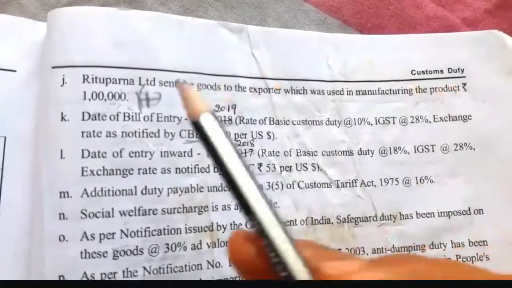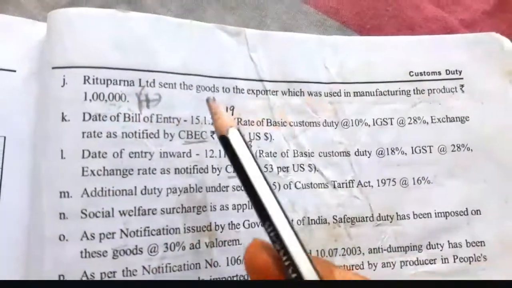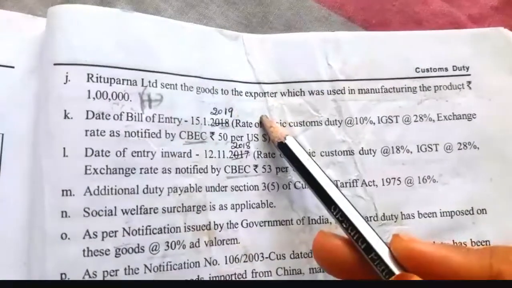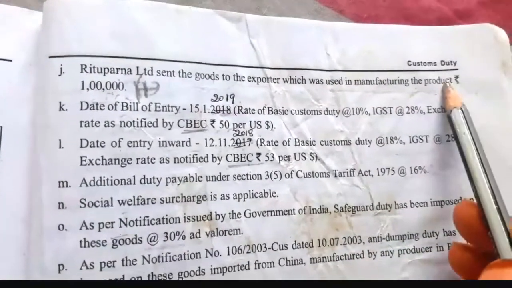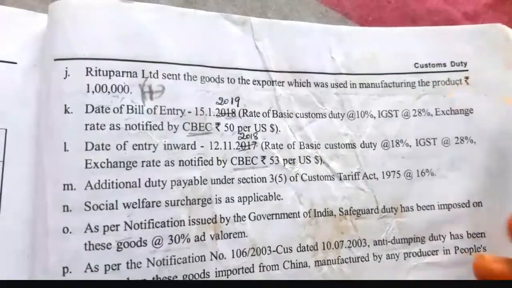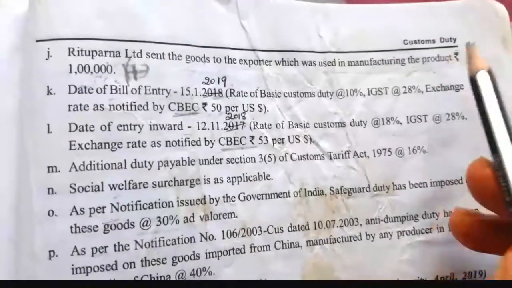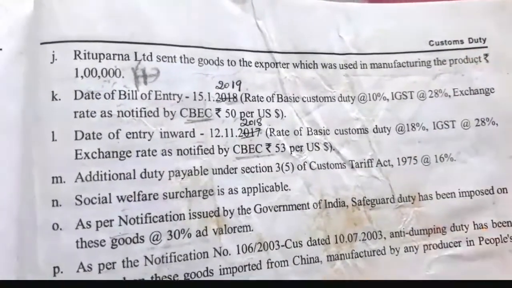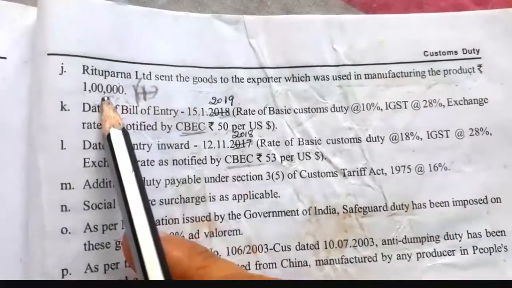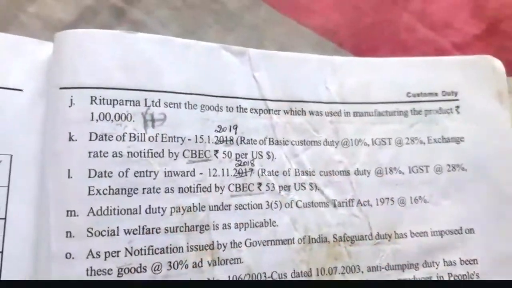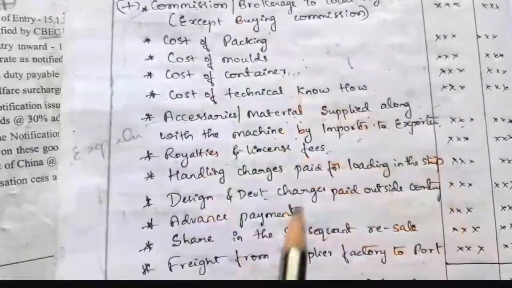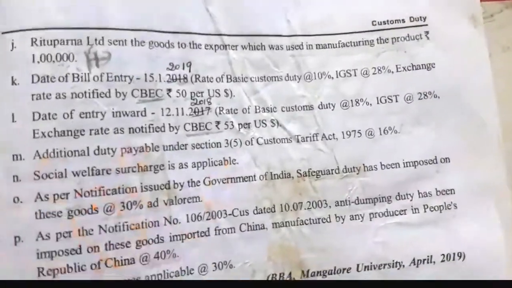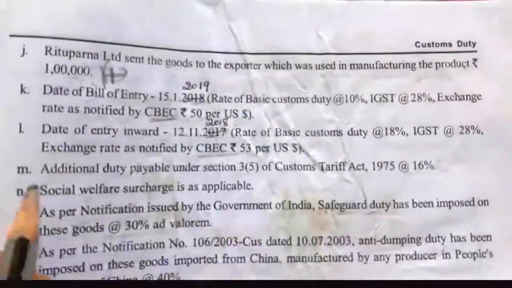So that's why Rituparna Limited has sent some goods or material to the exporter. Actually it is an expense in connection with the product, so it should be incurred by the exporter, not the importer, but it is paid by the importer. So this value we have to take as the exporter's expenses.